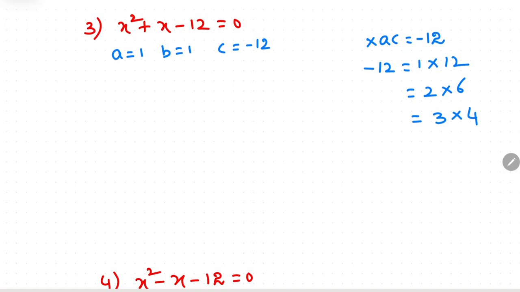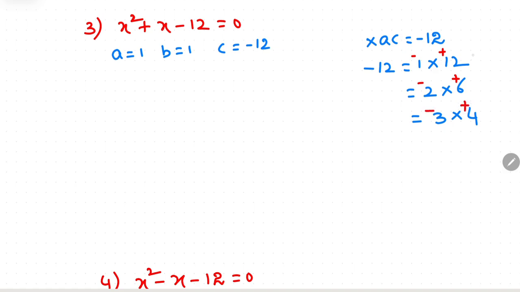Now to decide which factor is negative, come to the b. If b is positive, the highest term will be positive. If b is negative, the highest will be negative. Here b is positive, so the highest will be positive and the least will be negative.